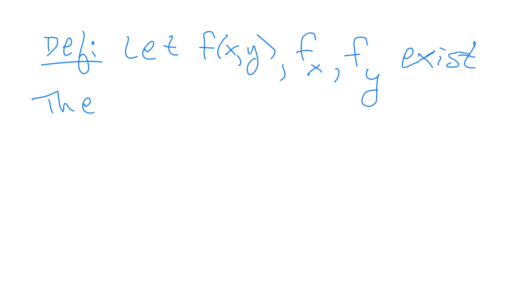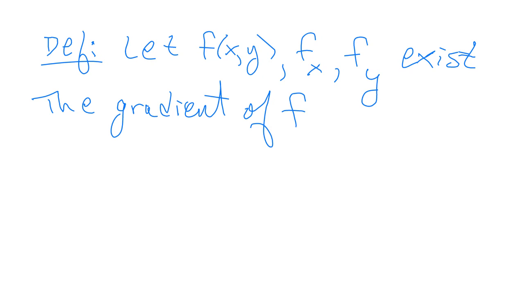The gradient of f is denoted like this. It's an upside down bold delta, which I don't have that font, so sometimes the book says you can call it del instead of delta.